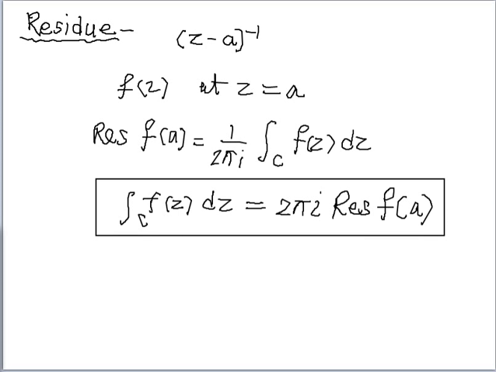What is this theorem? First I describe that theorem. If f(z) is any analytic function in a closed curve C, except at a finite number of singular points within C, then the integral is given by 2 pi iota times the sum of all residues at the singular points within C. I rewrite the residue theorem.